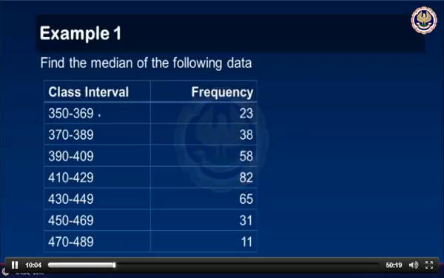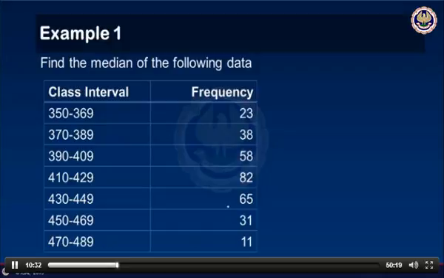The data is as follows: 350 to 369, the frequency is 23; 370 to 389, 38; 390 to 409, 58; 410 to 429, 82; 430 to 449, 65; 450 to 469, 31; and 470 to 489, 11.